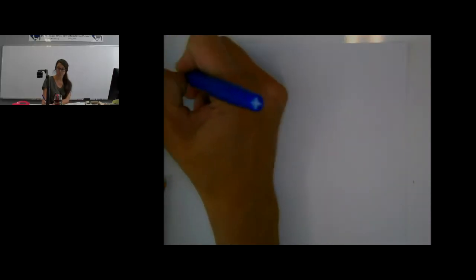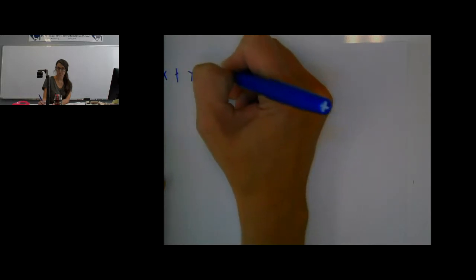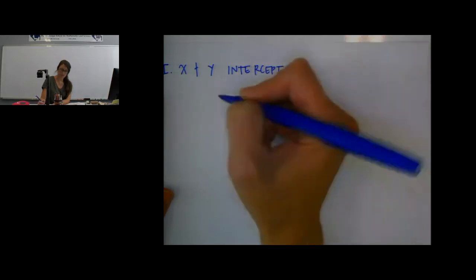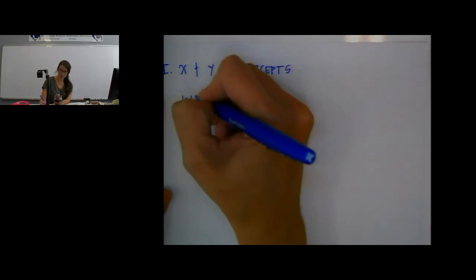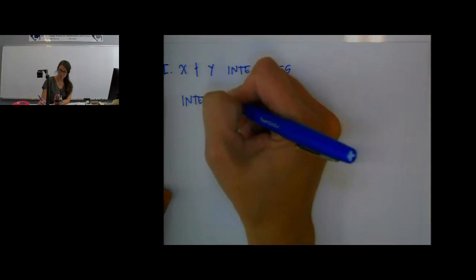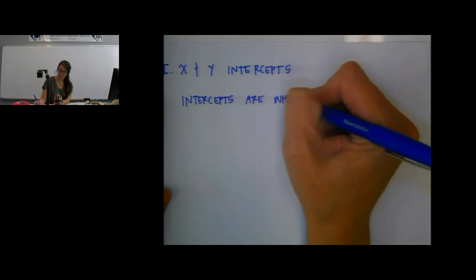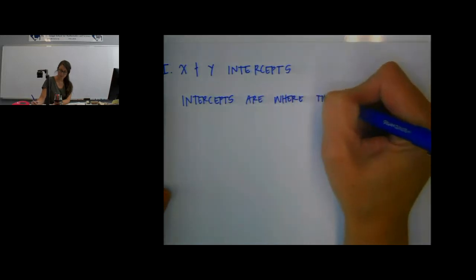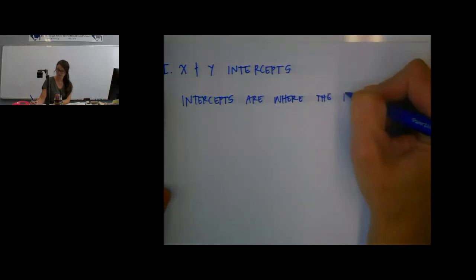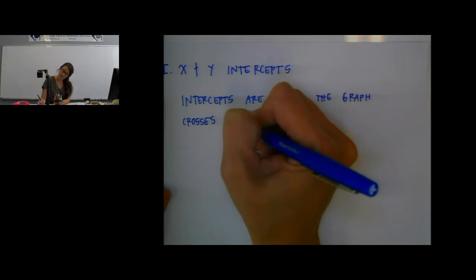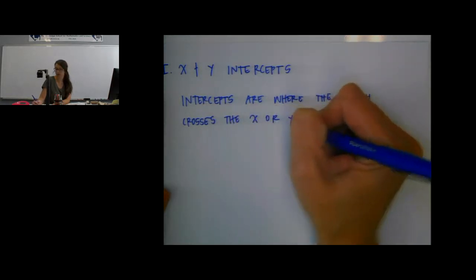So remember, an X-intercept, okay, so intercepts are where the graph crosses the X or Y axis.